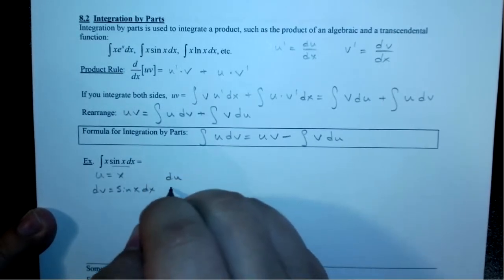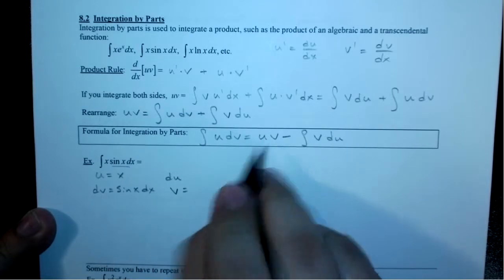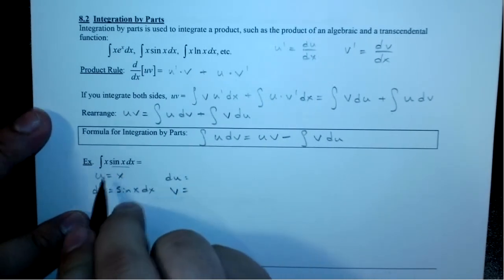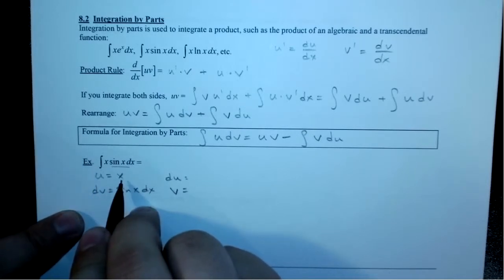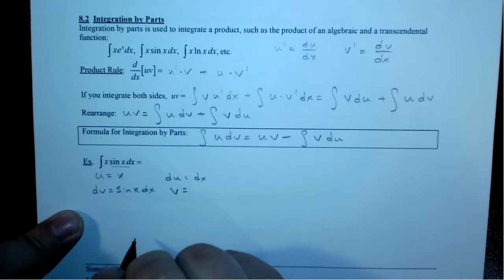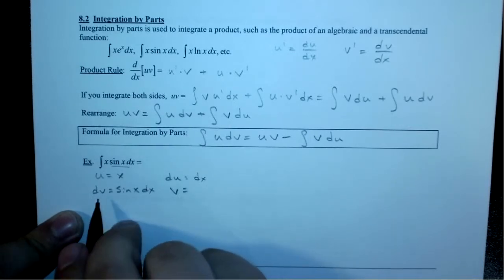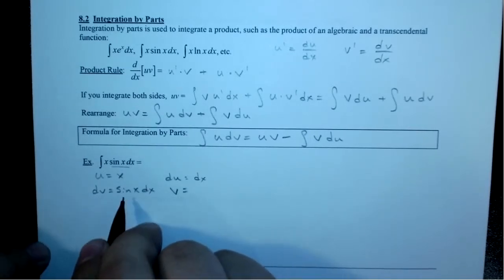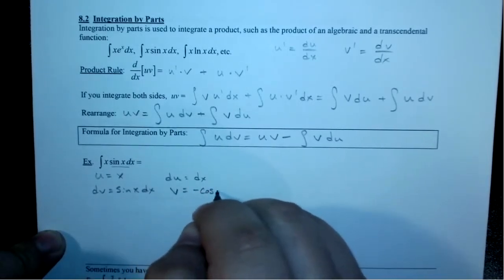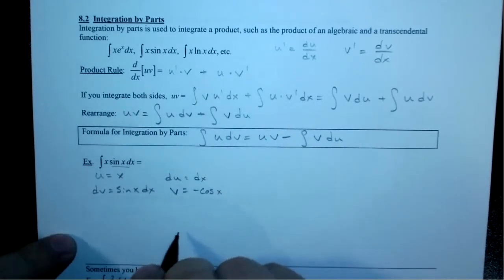And we need to know what v is, because we're also going to plug that in later. So du is just the derivative of u. So if we take the derivative of x, that just gives us dx. If we integrate sine of x dx, we end up with negative cosine of x.